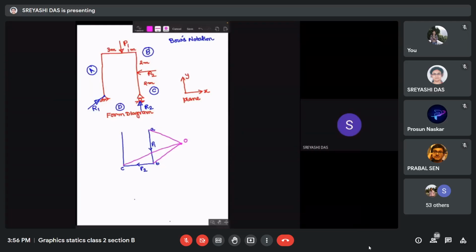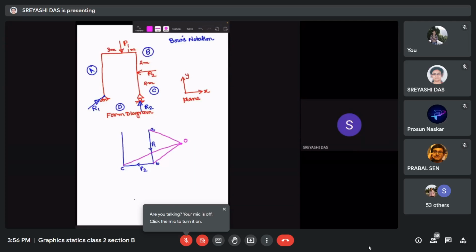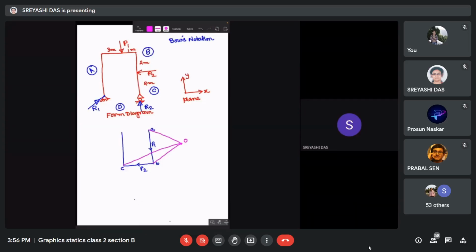So P1. Yes. Now, as here, again, we don't know the D point, so that we will find out from the funicular polygon. Let us start from this point, because we know that R1 will pass through this node. This is the A space, between R1 and P1.